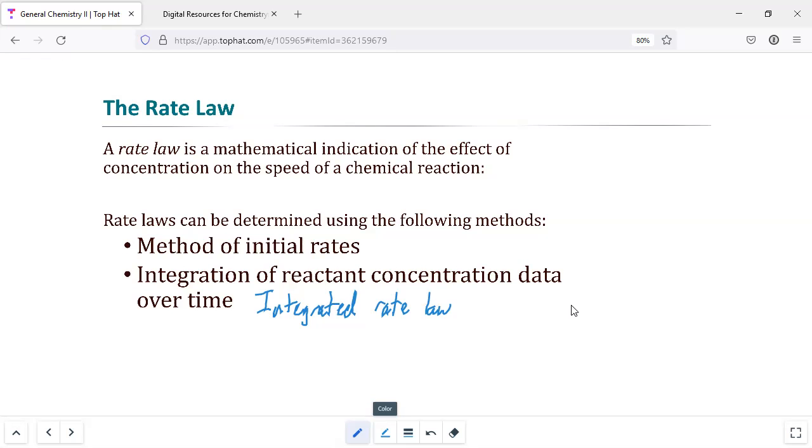What that involves is we monitor the concentration of a reactant, or we monitor the concentration of a product over time, and we use the rate of appearance or disappearance of that reactant graphically to determine our rate law.